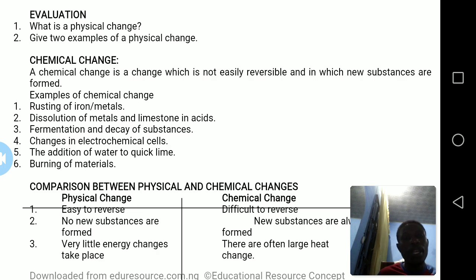Then number three is fermentation and decay of substances. Let's look at this example. You cook a pot of rice, and you forget to warm it. You know what will happen the next day. It will become fermented. It will become what you call sour. That's fermentation. No matter what you do, you cannot change that rice back to the normal rice again. You can't even eat it.